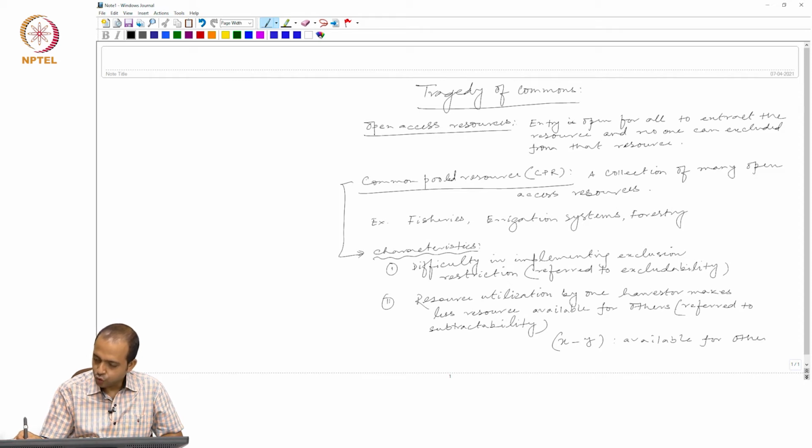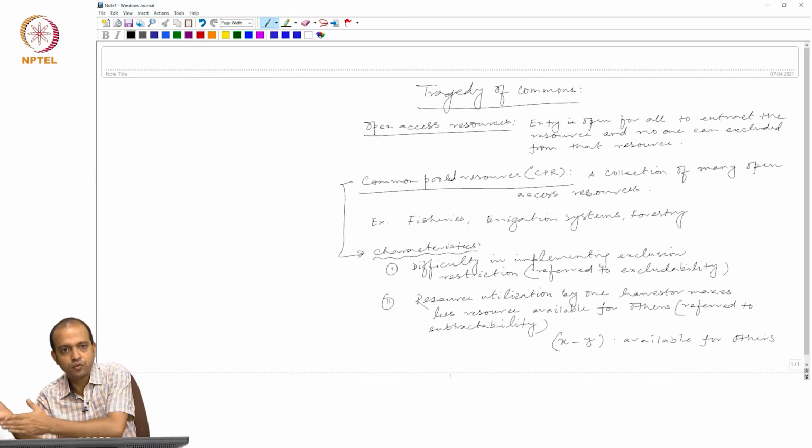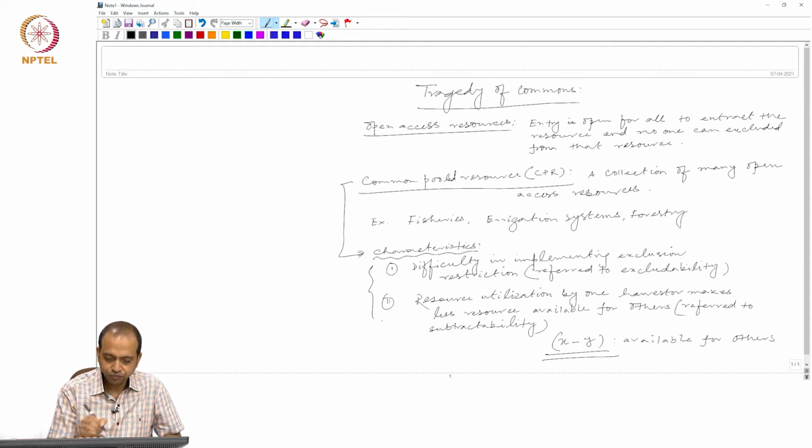So, we need to subtract an individual harvester's amount from the total amount of resource which would be available for tomorrow's utilization. Since we get resource availability by subtracting y from x, this characteristic is known as subtractability.